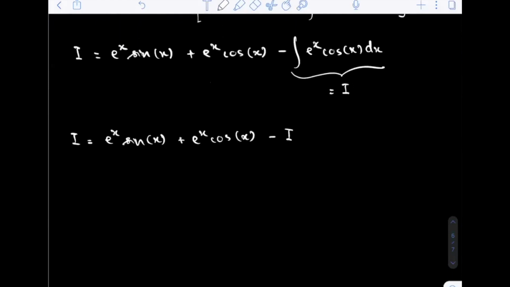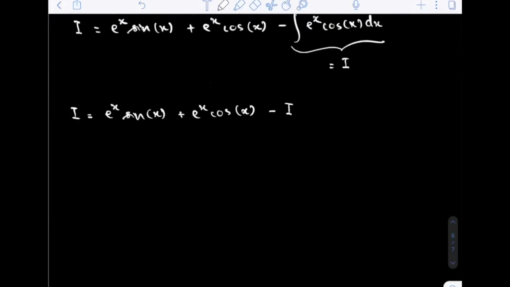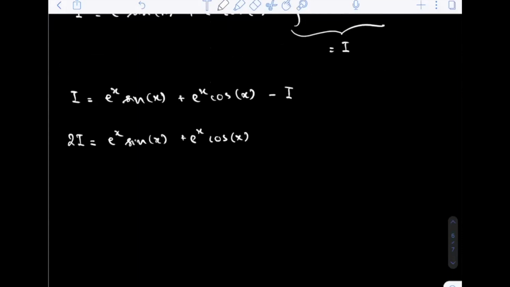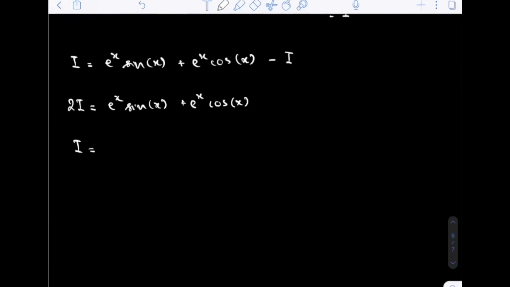I'm going to move the I from the right-hand side to the left-hand side, and I get 2 capital I equal to e to the x times sine of x minus e to the x times cosine of x. To complete the problem, I divide both sides by 2. I get capital I equal to 1/2 e to the x times sine of x minus 1/2 e to the x times cosine of x.